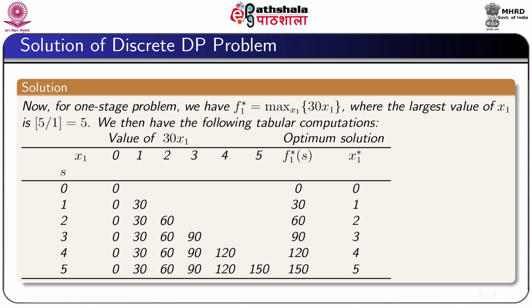Therefore, depending on these values of s and x1, we can find the value of 30 x1 as shown in this slide, and from this we find the optimum value of f1 for each row, and similarly we can find the optimum value of x1*.